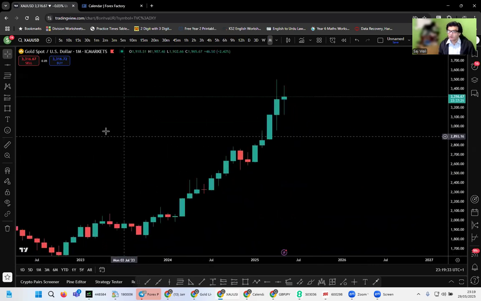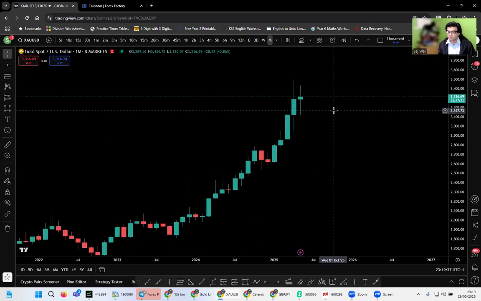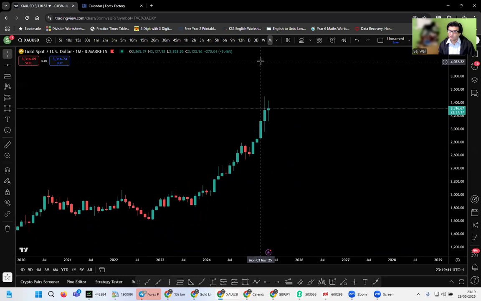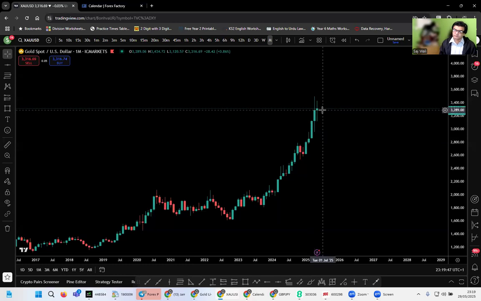Right. In monthly, this seems an indecision candle. You can see what that means. We do not know the direction of the market according to this.